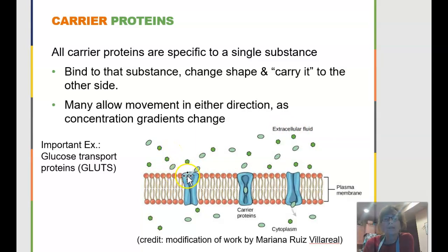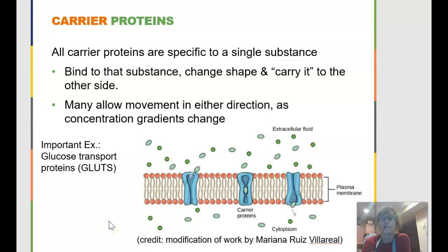It can bind onto the outside of one of these carrier proteins, and once it does, the carrier protein changes shape and allows it to move through, then changes shape on the other side, allowing that glucose to come into the cytoplasm, and then it opens up again for the next one.